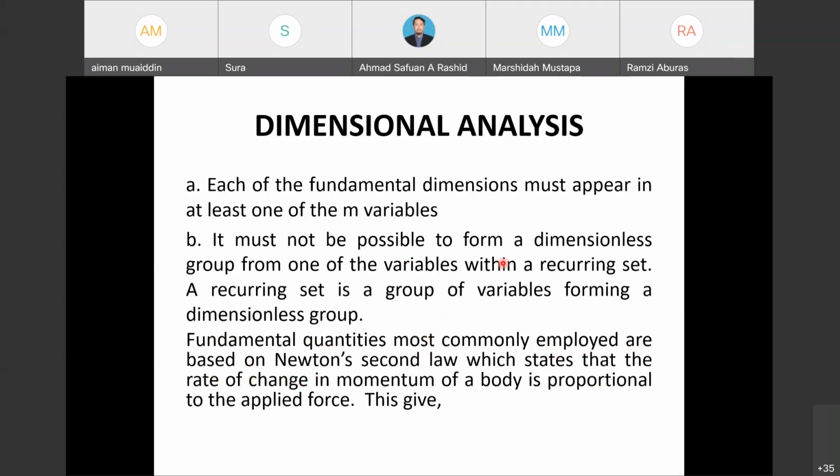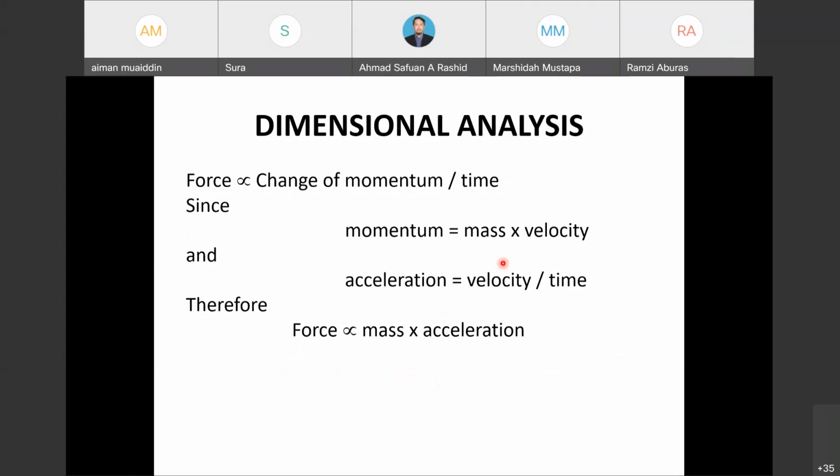So this is based on Newton's second law, F equal to ma, where momentum is mass times velocity. Acceleration is equal to velocity over time. Therefore, force is proportional to mass times acceleration.